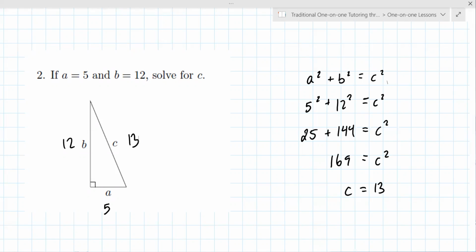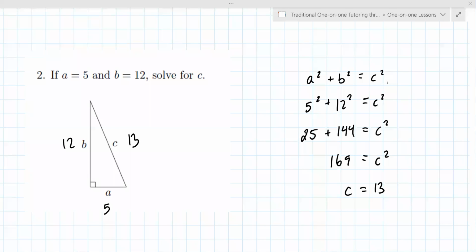Okay. I'm going to throw something just slightly different at you. I really want us to have success here. Let's give it a try. We'll just see how it goes.